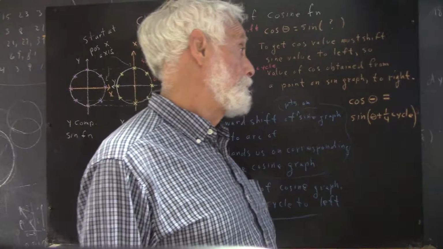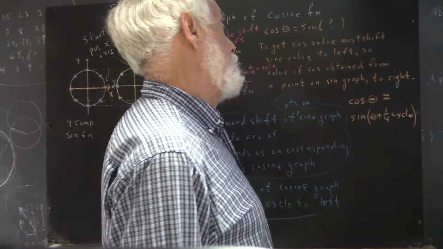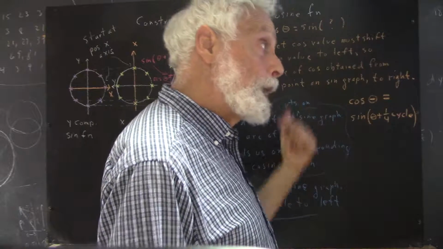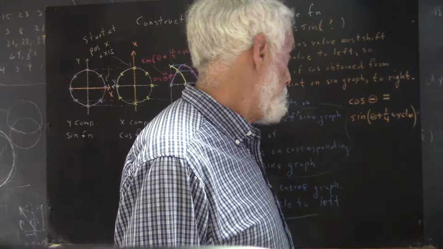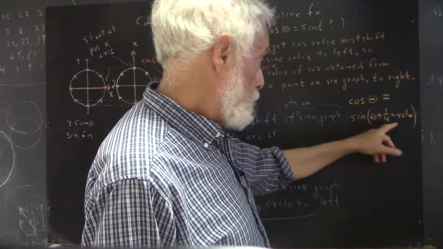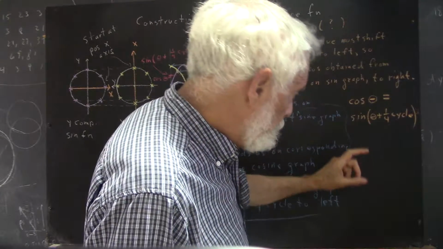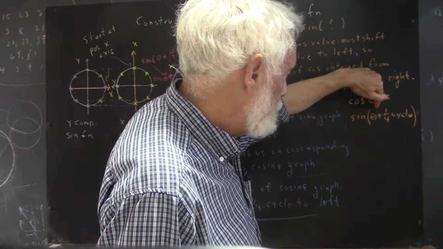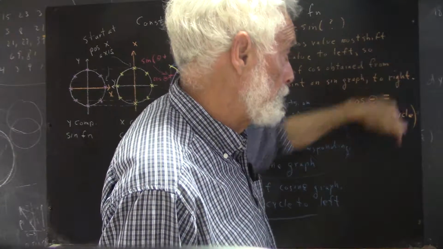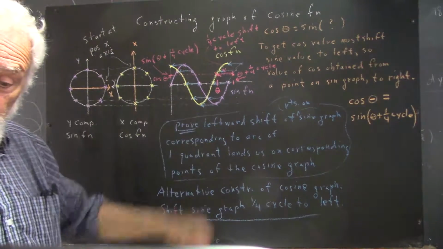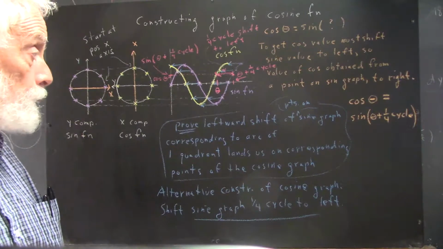We've seen some of the reasons why we use radians. And a quarter of a cycle then is a quarter of the 2 pi radians that makes a complete cycle, which is pi over 2 radians. So whatever our unit of measurement is, we're still going to replace theta by theta plus a quarter of a cycle. Now there's more to it than this, but this is an instance of the general principle.